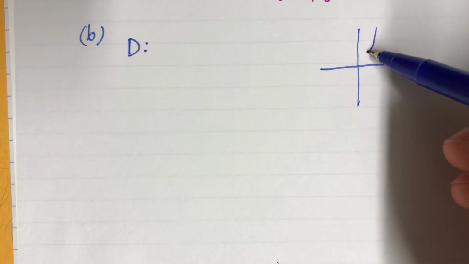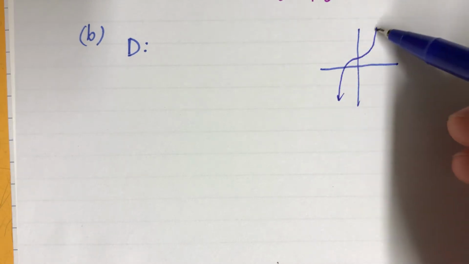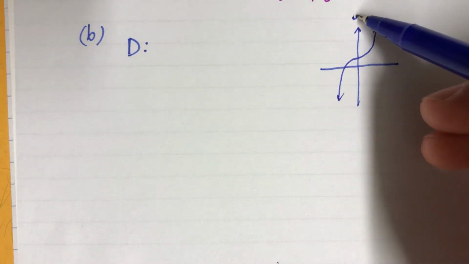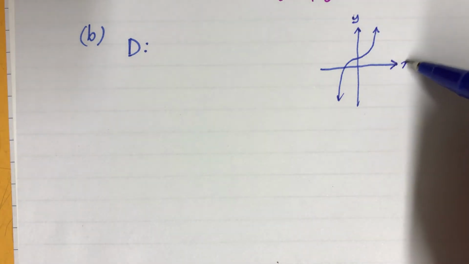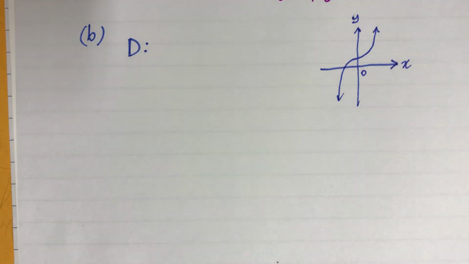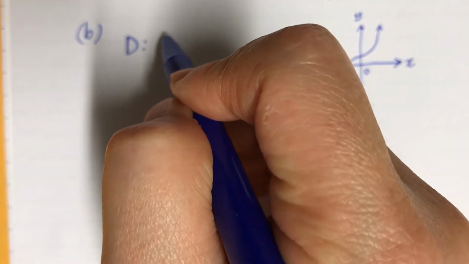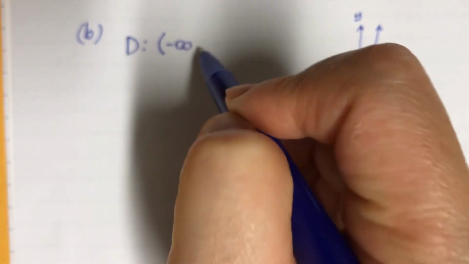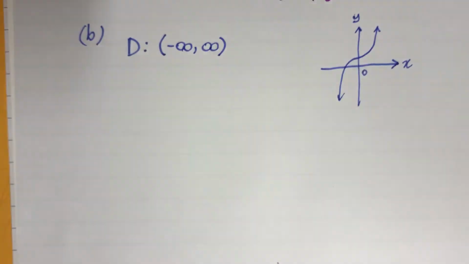It was like this. Now this is a function, okay, as the title says, cubic function. So it's all real x. What was the notation? Interval notation, all real x.